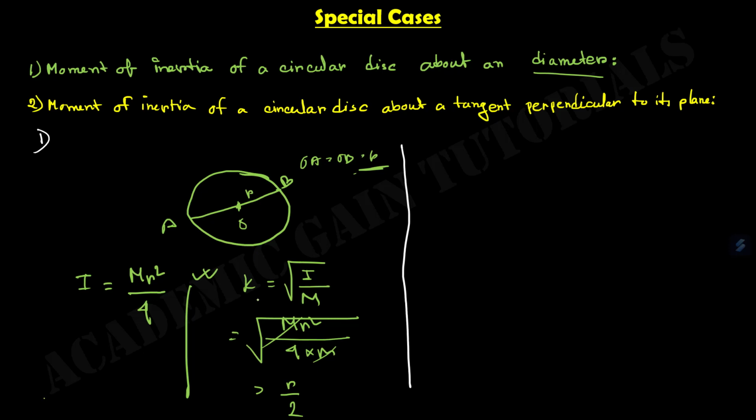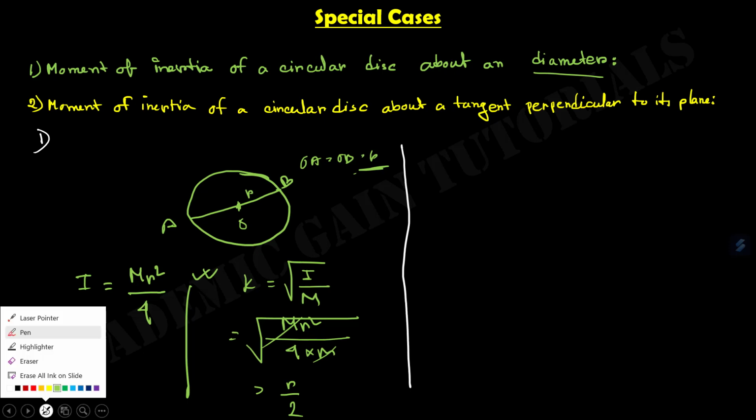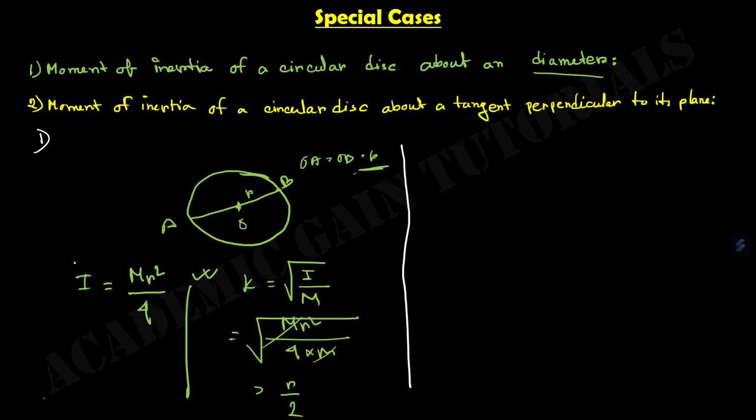Then coming to the second case: the moment of inertia of a circular disc about a tangent perpendicular to its plane. So our axis is the tangent perpendicular to its plane.